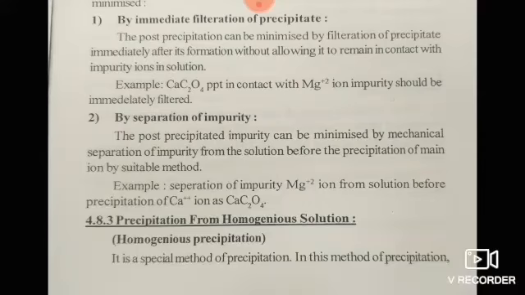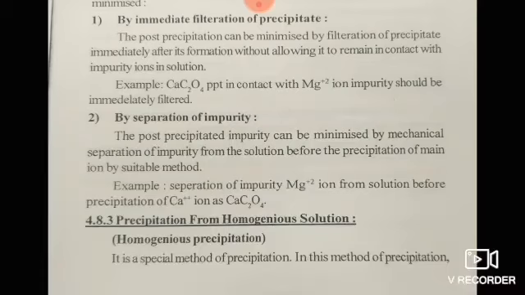So by immediate filtration of the precipitate, we can minimize the post precipitation impurities. For example, the calcium oxalate precipitate in contact with the Mg2+ ion impurity should be immediately filtered.